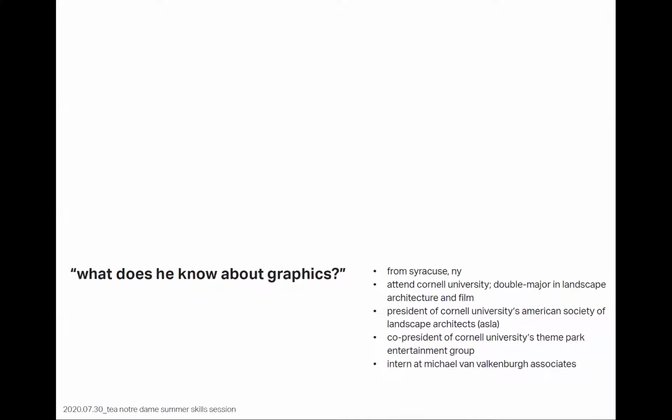In my spare time, I serve as the president of Cornell ASLA and the co-president of Cornell TPEG. I may have even competed alongside some of you at the Ryerson International Serial Design Competition at Universal Studios. And currently I'm calling in from Denver tonight on Mountain Time, where I'm completing an internship with a landscape architecture firm called MVVA.